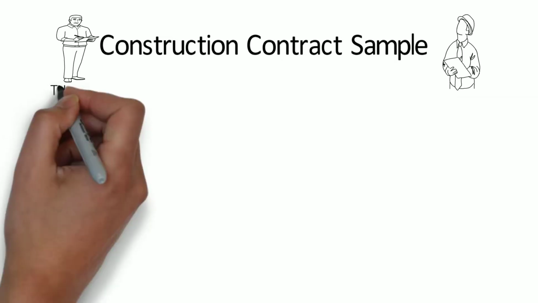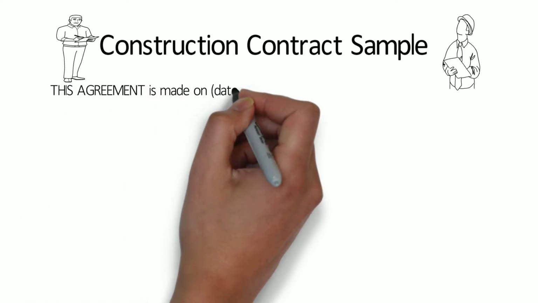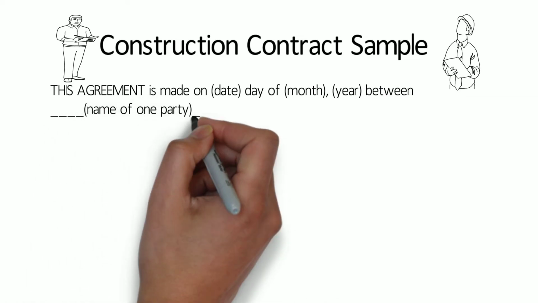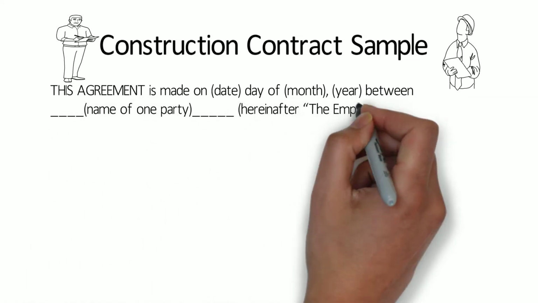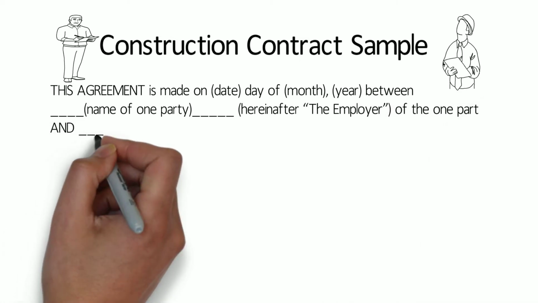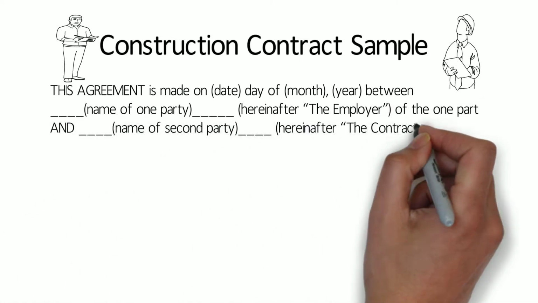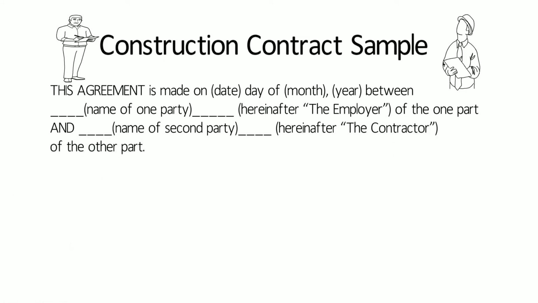I will discuss a contract agreement between a construction client and the contractor, which is usual in the construction industry. This is how the contract looks like. This agreement is made on this day of month, year between the name of one party, which is hereinafter known as the employer of the one part, and the name of second party, which is hereinafter the contractor of the other part.